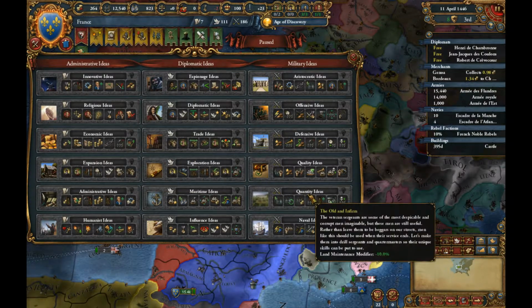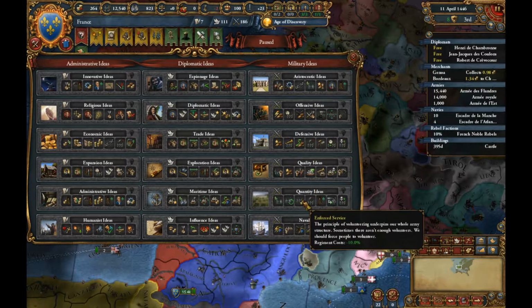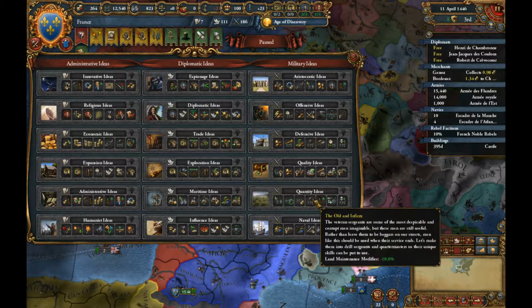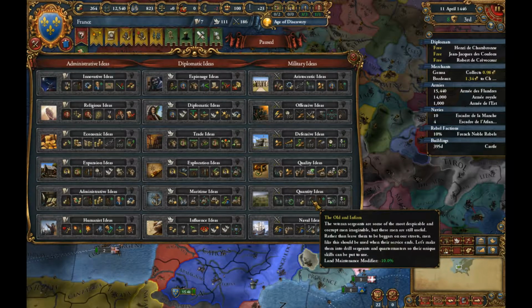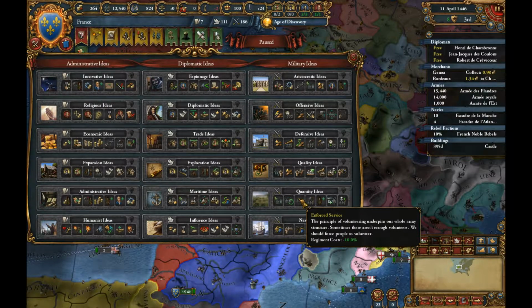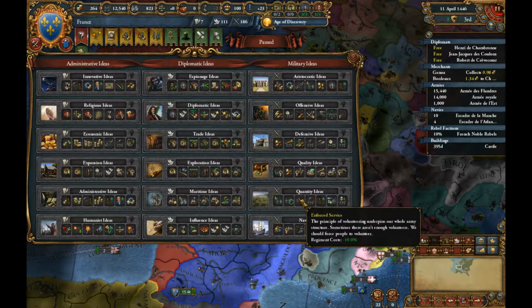Or to really cut your troop costs, the quantity idea is quite a good idea, because they have 2 ideas. The first is this one. It cuts the costs, and it not only cuts how much your regiments cost when you raise or build them, but it also cuts the maintenance, and that's important to know about this one.